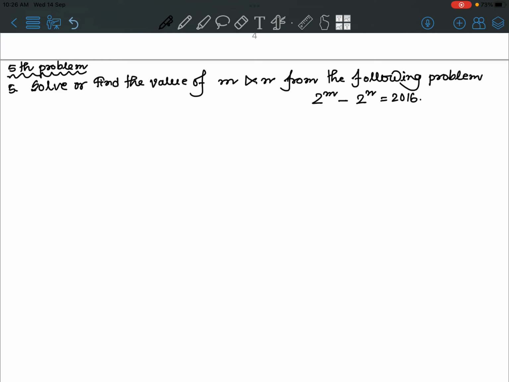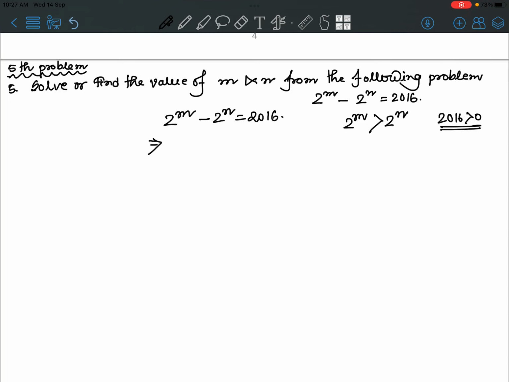The fifth problem is: find out the value of m and n from the following problem, 2 to the power m minus 2 to the power n equals 2016. How are we going to solve it? Before solving this, we have to consider 2 to the power m is greater than 2 to the power n, because 2016 is greater than 0.